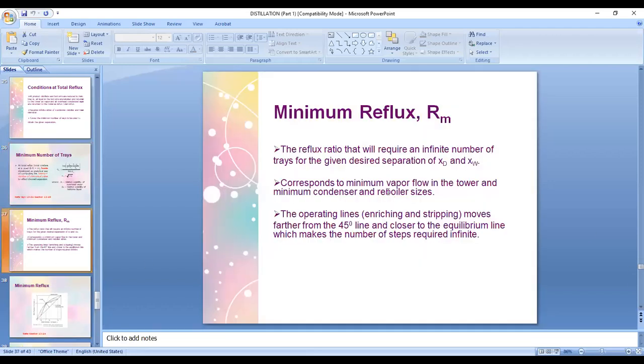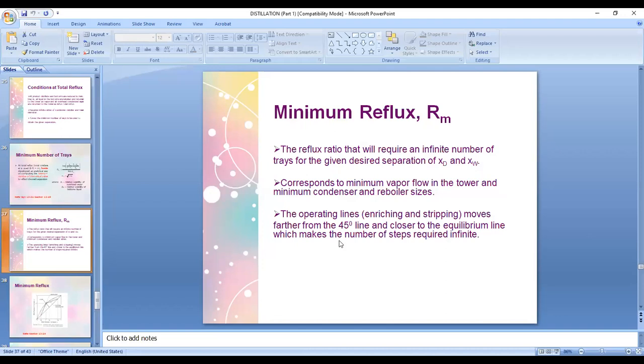What about minimum reflux? The minimum reflux ratio is the one that will require an infinite number of trays for a given desired separation of X sub D and X sub W. Now, if total reflux gives you the minimum number of stages, minimum reflux gives you an infinite number of stages.